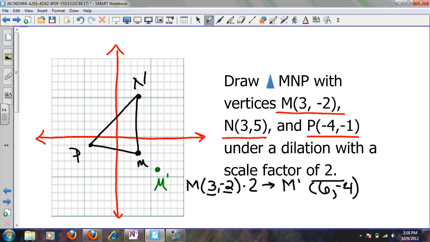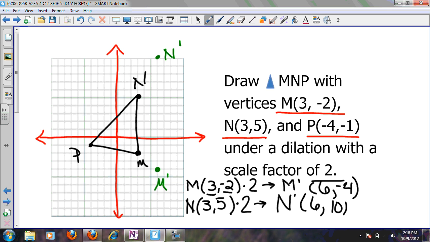N prime. So N was at 3, 5. Multiply that by 2. N prime becomes 3 times 2 is 6. 5 times 2 is 10. That is N prime.